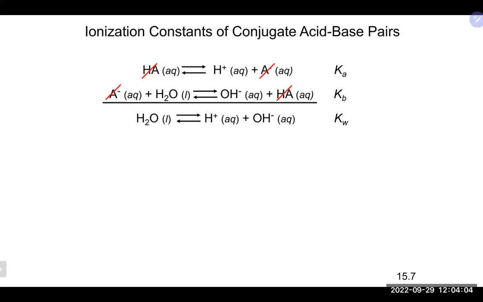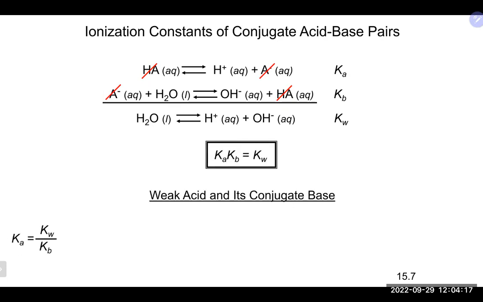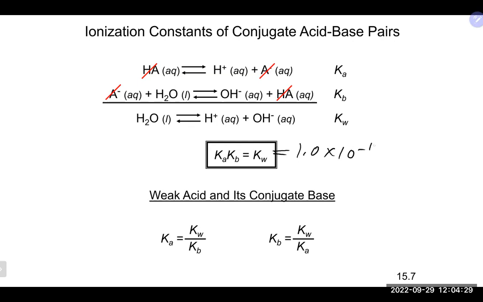So when we add these equations together, what do we do with the K values? We do multiply them, yes. Hopefully you did that. And that means we get a really good relationship: if you take the Ka value times the Kb value, it will equal Kw, and that Kw is the same Kw we used before, which is 1.0 times 10 to the minus 14. So again, it's the same thing there.